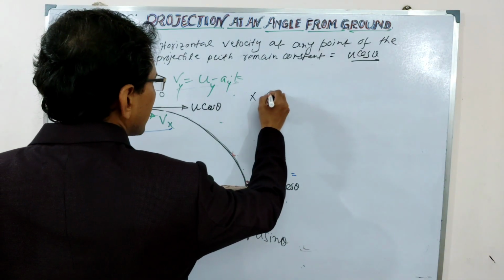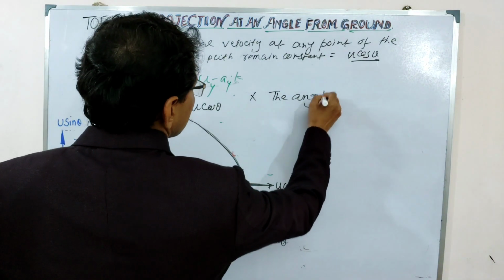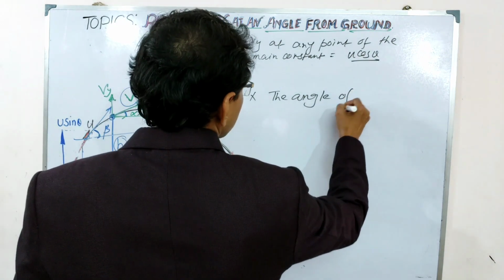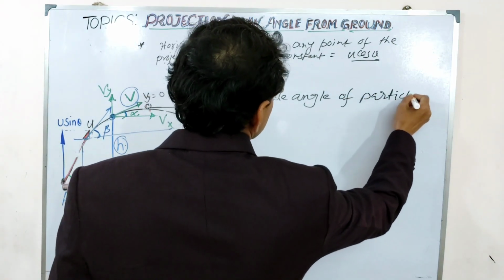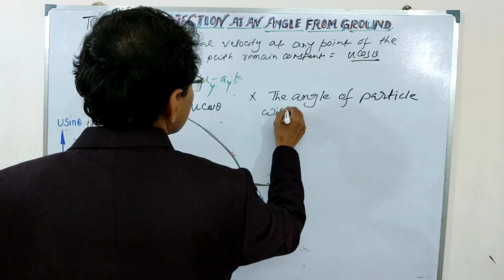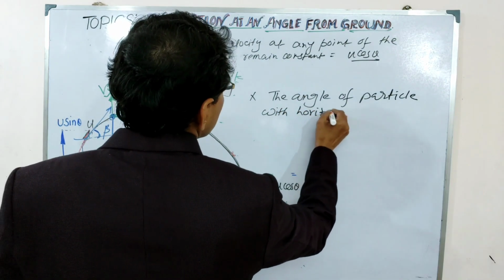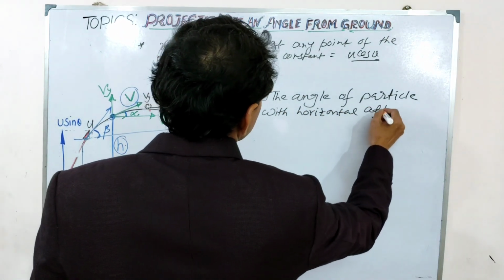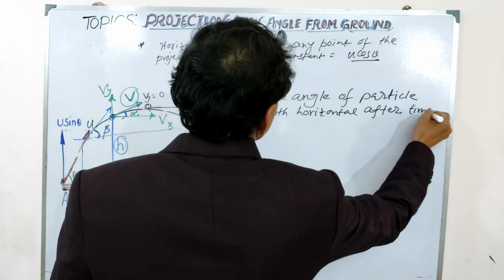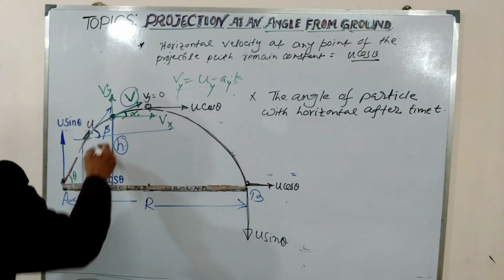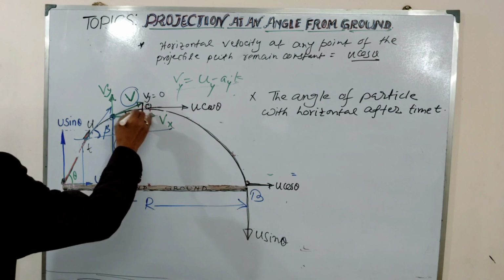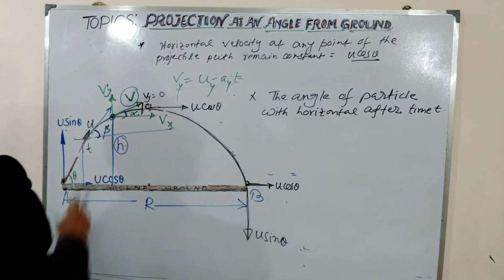Next topic is find the angle of particle with horizontal after time t. Suppose this. Here we want to calculate this angle. Alpha is not given.